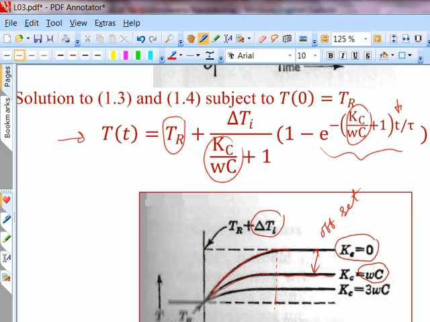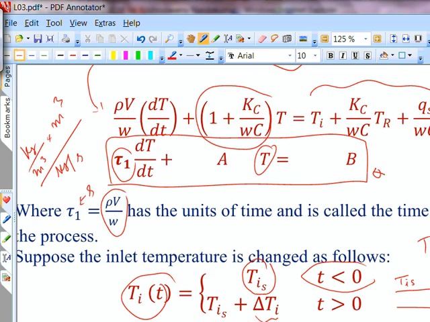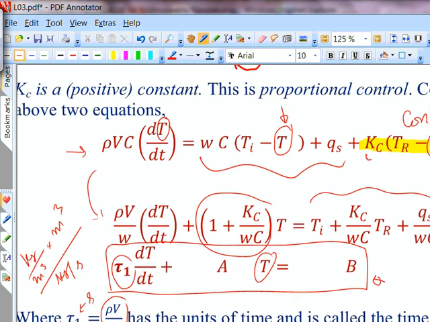There is always an error, and this is why we need other actions, because we just made up the proportional rule, and we find that it can help you in one thing. For example, if you take 3 times Wc and make the proportional constant really very large, what am I saying when I say Kc is very large? If you go back to this particular equation, if I make Kc large, what am I saying? I want to add a lot of heat even when the error is very small.